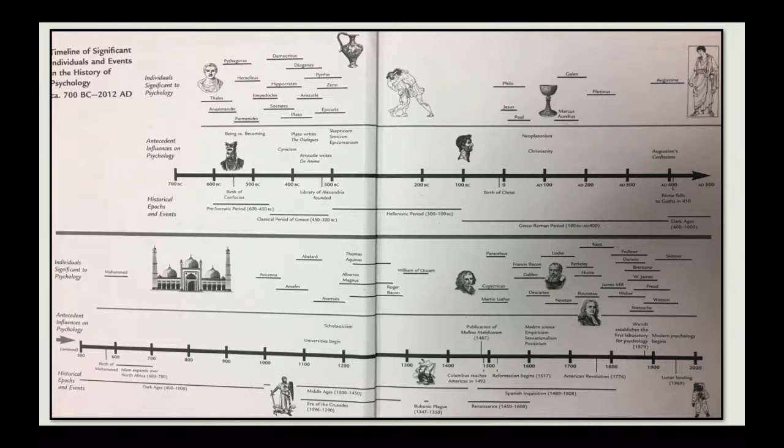Hermann Ebbinghaus talks about how psychology has a very short history but a long past. What we mean by that is, technically the word psychology wasn't used until about 1590 AD, but you can trace its beginnings all the way back to the Greeks. So the history of psychology is not just a history of that specific field, it's also a history of science.